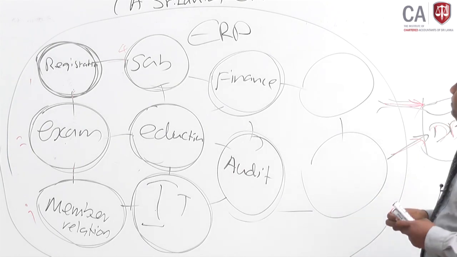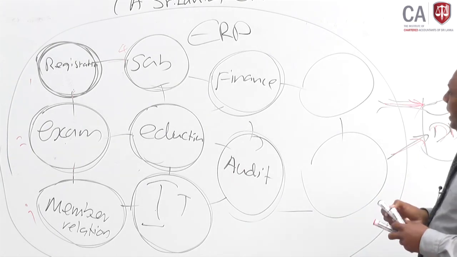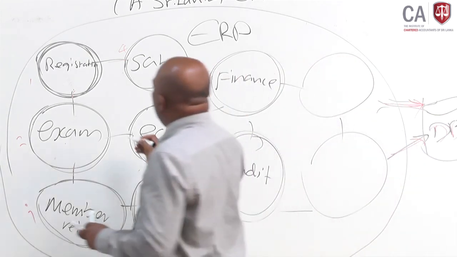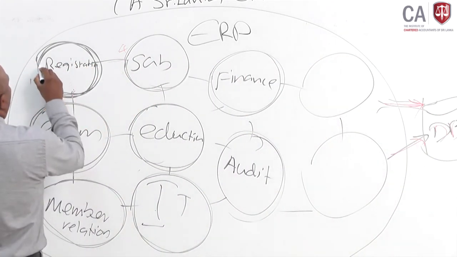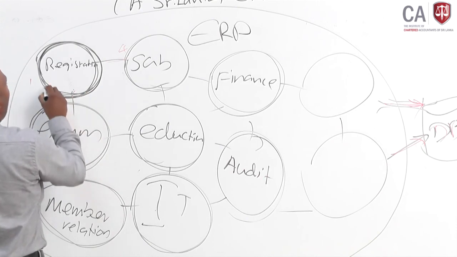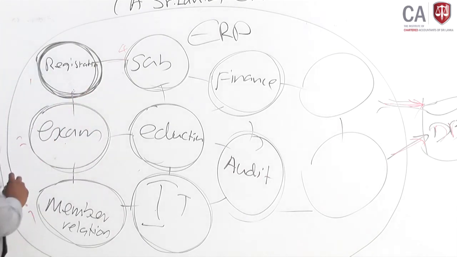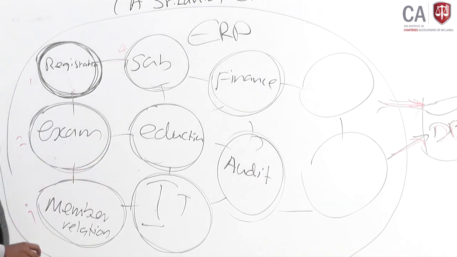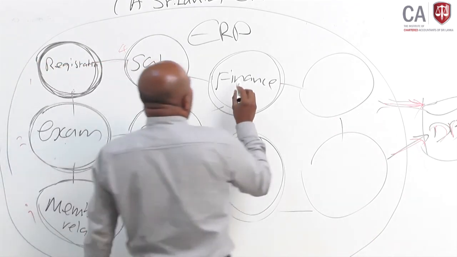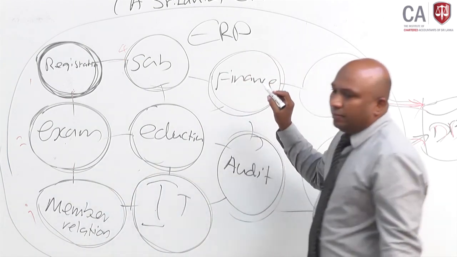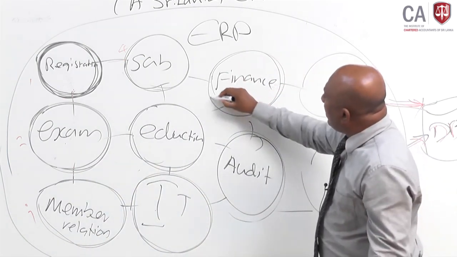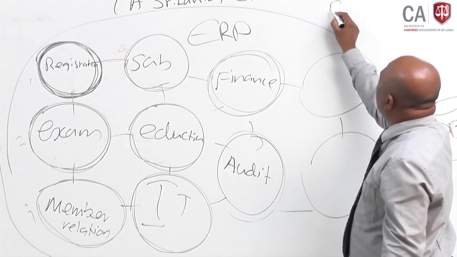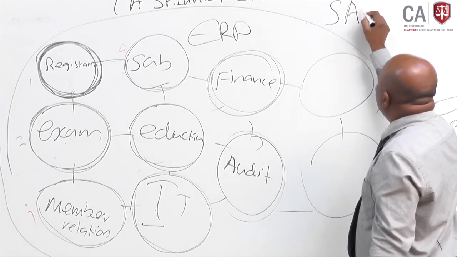Let's say today you have this function managed by one system, you have this function managed by one system, but you don't have a system to manage these financial activities, and you are going to buy an ERP called SAP.